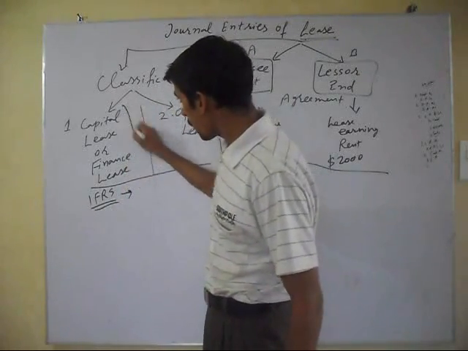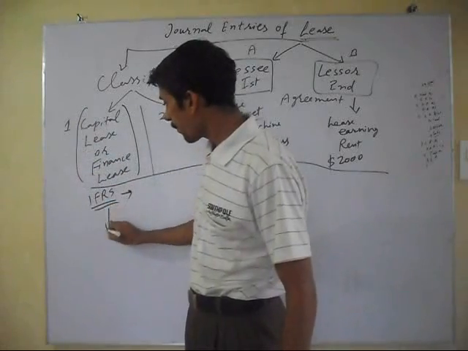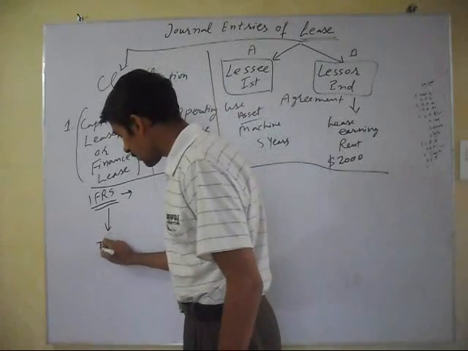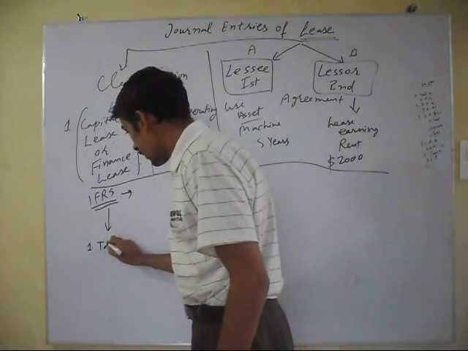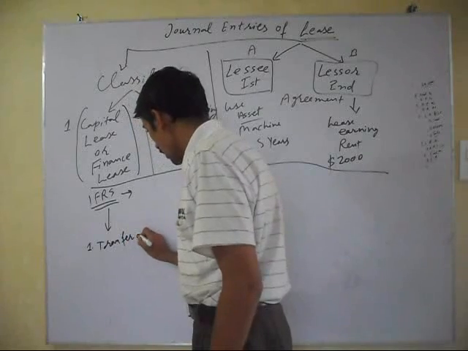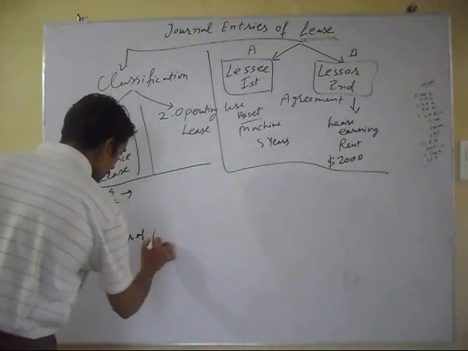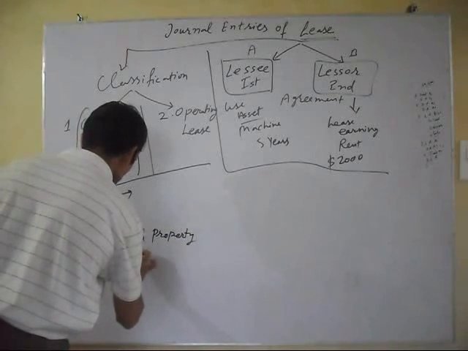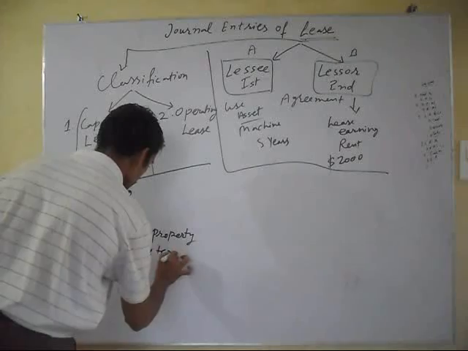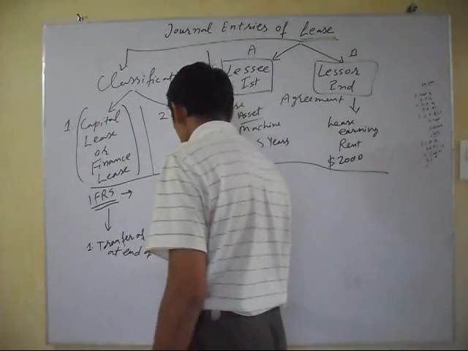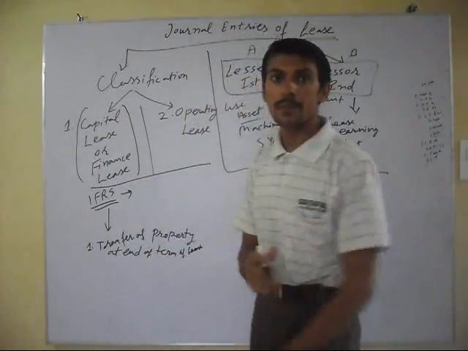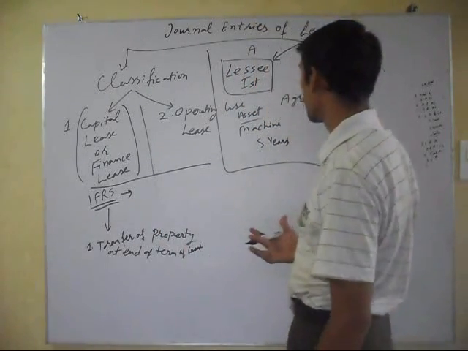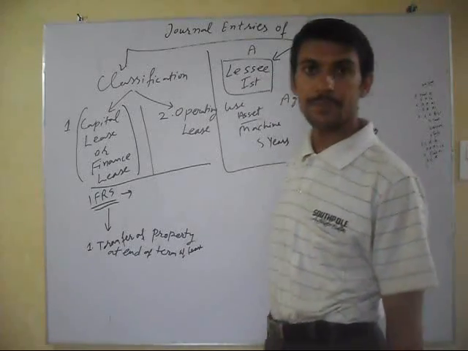In the case of capital lease, there must be the transfer of property at the end of the term of lease. When the lease is closed, the property or fixed asset will be transferred from lessor to lessee.